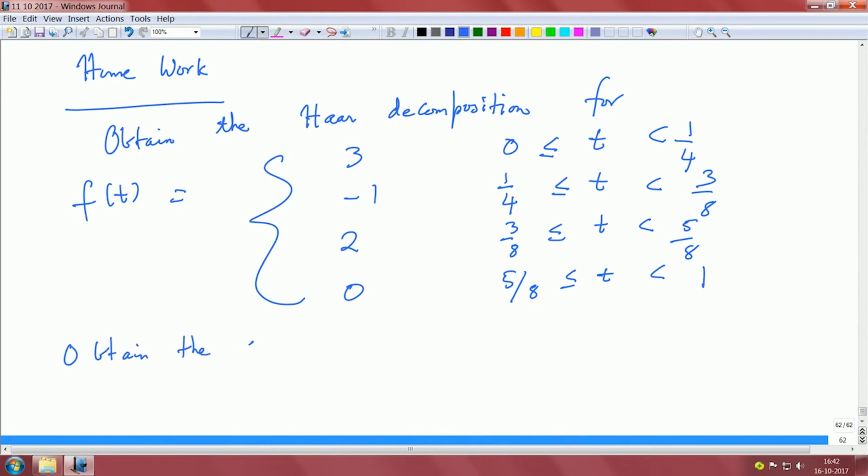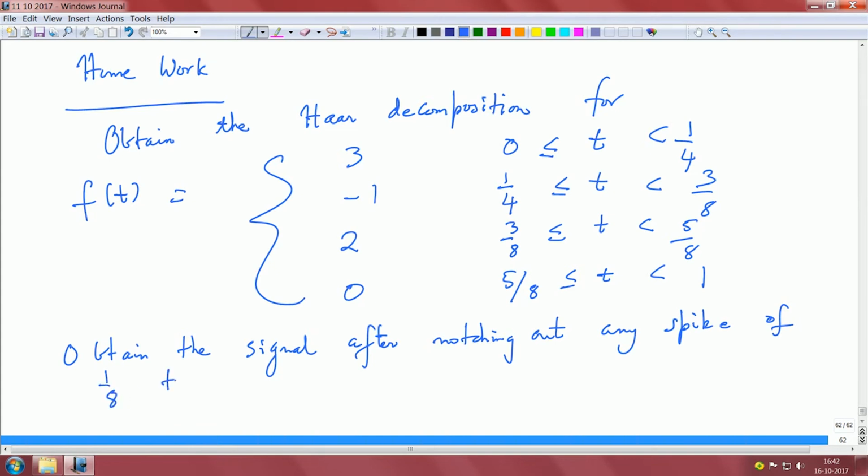Obtain the signal after notching out any spike of 1/8 time units.